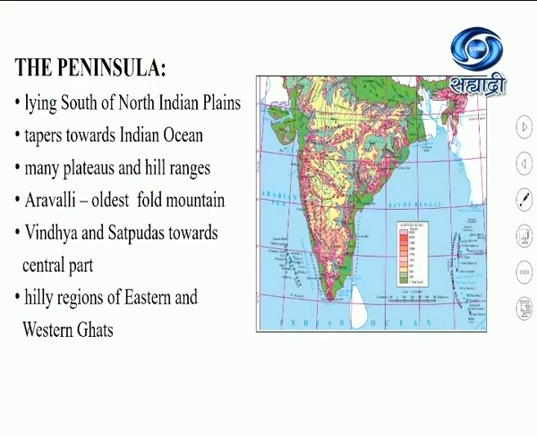Now, there are many plateaus and hilly areas, hilly ranges in this peninsular region. So, we have Satpura range, we have Vindhya range, we have Aravalis, which is one of the oldest fold mountains in the world.